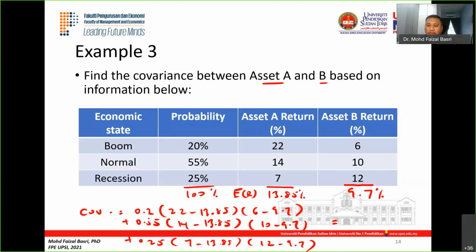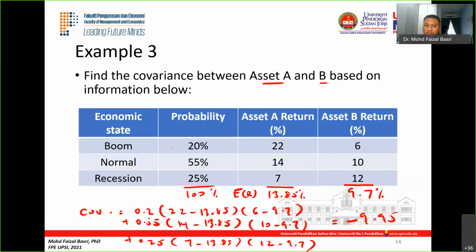Okay, for my calculation, I get -9.95. We have a negative covariance in this case. From this pattern you can see, for example, if you focus on normal, return A is 40%, return B is 10%.